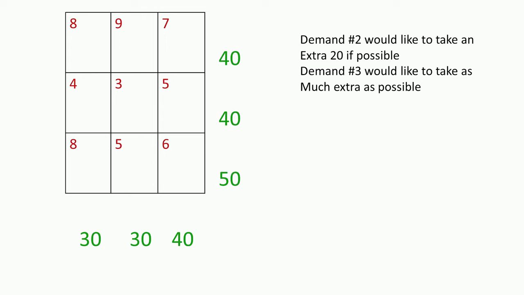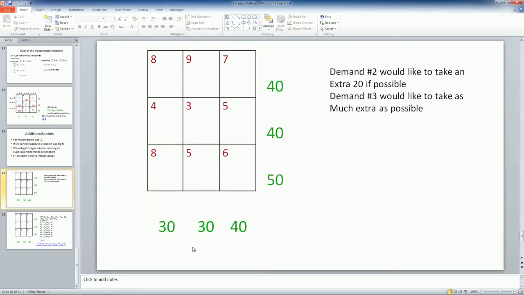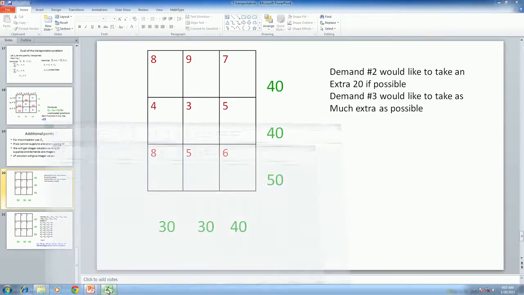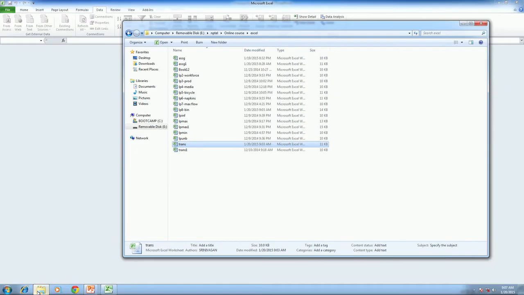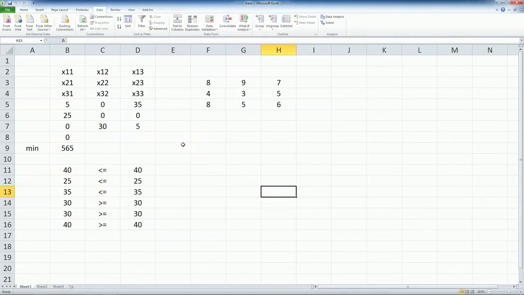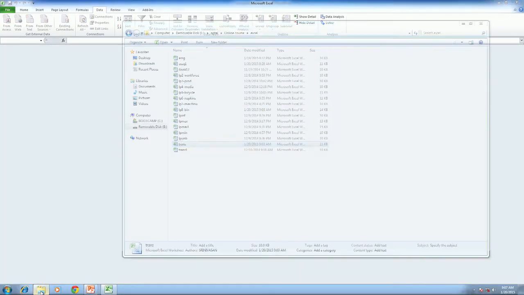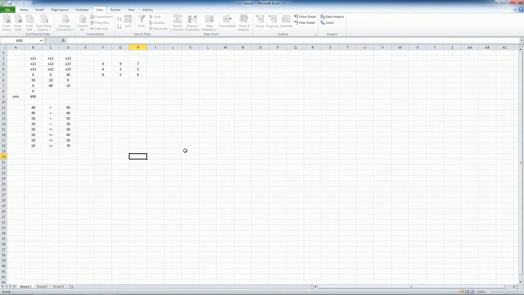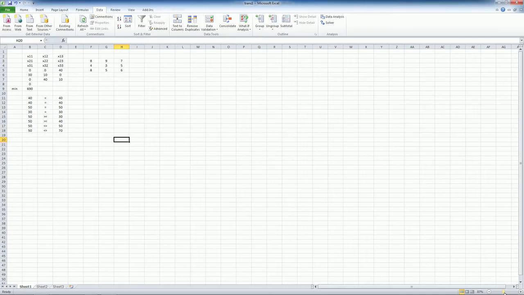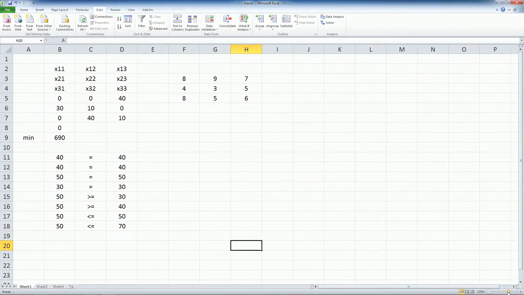So, let us look at the spreadsheet formulation of this problem. So, let us look at this problem.